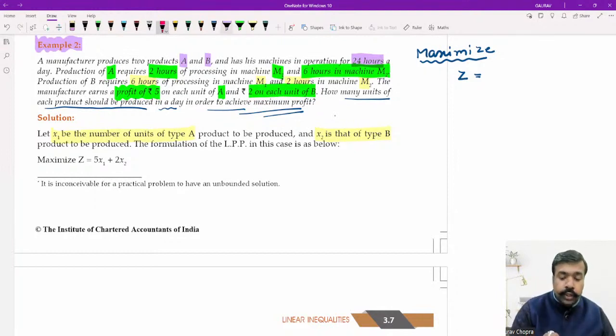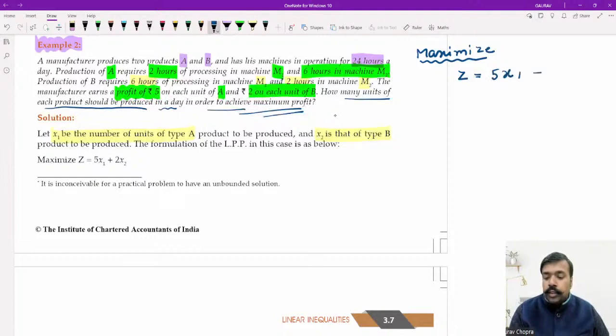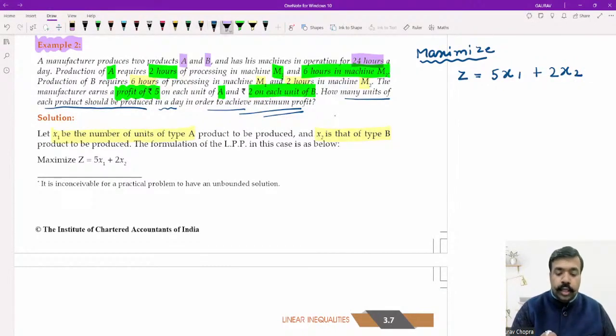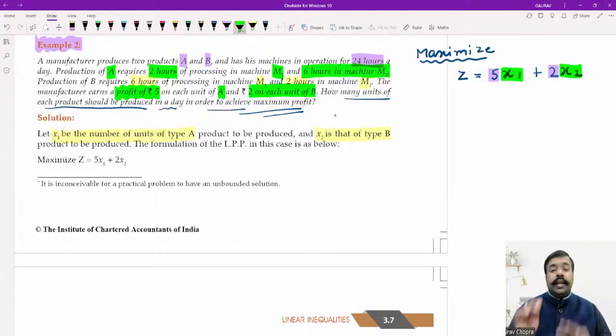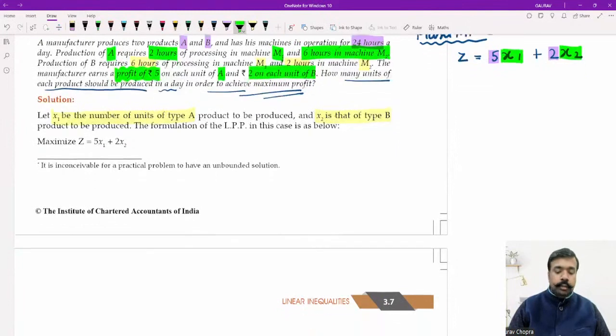With the help of this, we can write the objective function as 5x1 plus 2x2. This 5 is the profit of A, 2 is the profit of B. x1 is the number of units for A and x2 is the number of units for B. By adding, we get the total profit, which becomes the objective function. So this is the maximization.